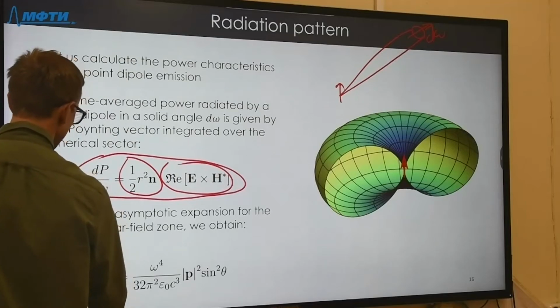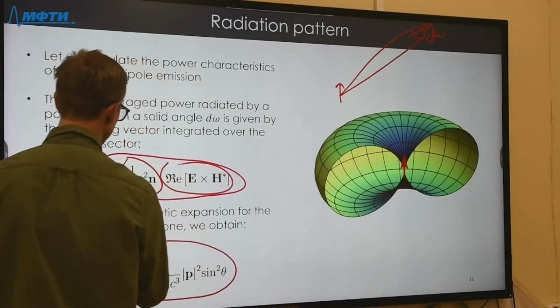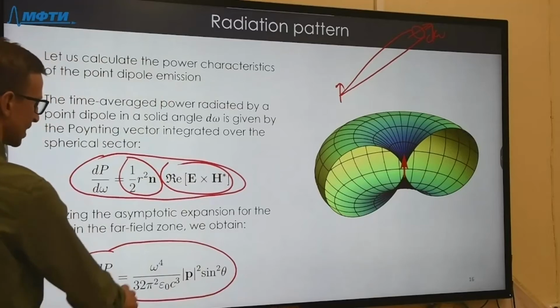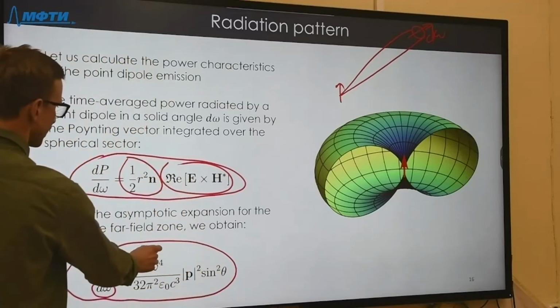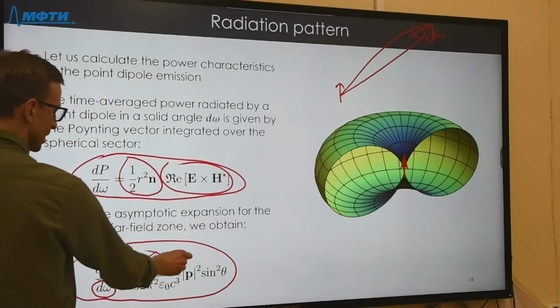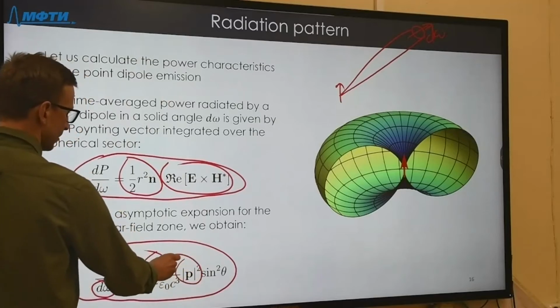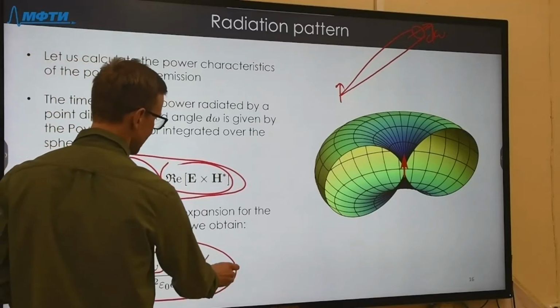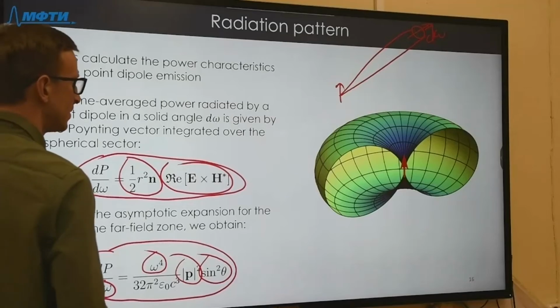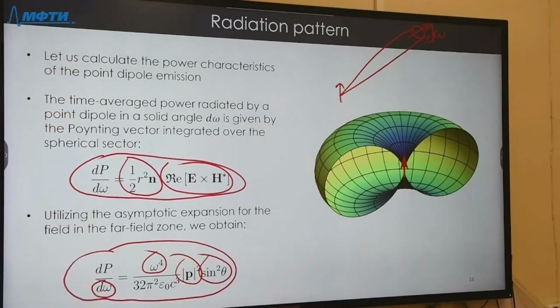If we utilize the expression for the electromagnetic field that we obtained previously, we'll obtain the following directivity pattern. The power that goes into solid angle d omega is proportional to the 4th power of the frequency, to the square of the dipole moment, and to the square of the sine of the angle. If we were to plot this directivity pattern, we would obtain the following shape that I'm sure most of you recognize. This is the famous toroidal directivity pattern of a dipole.